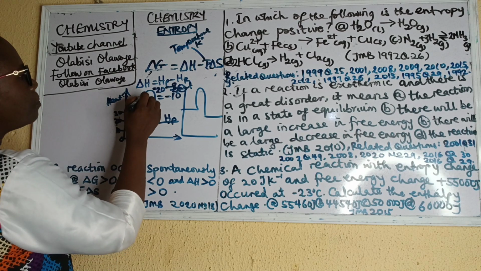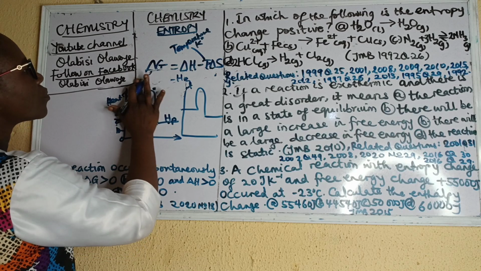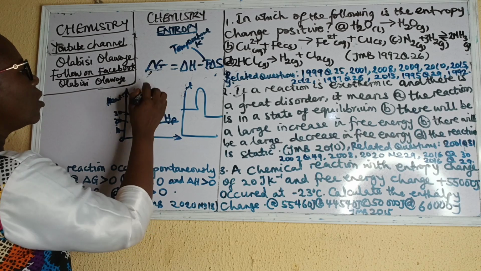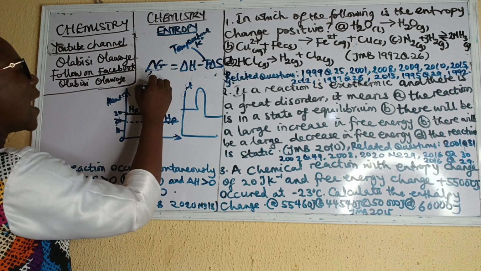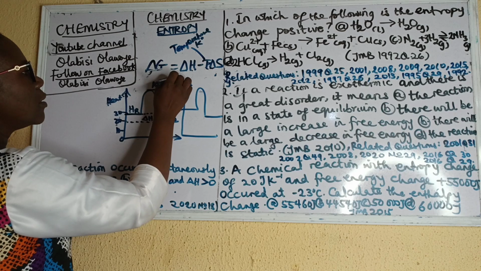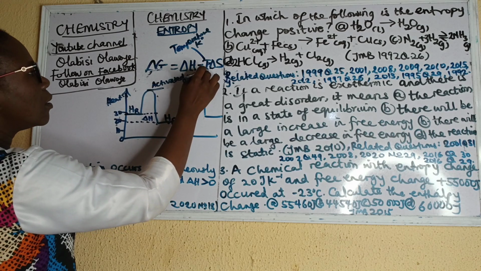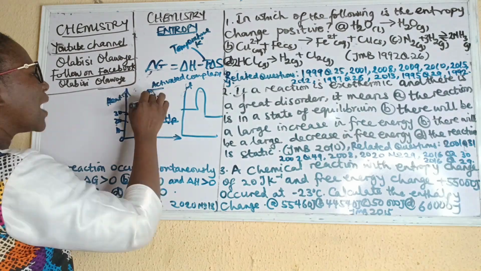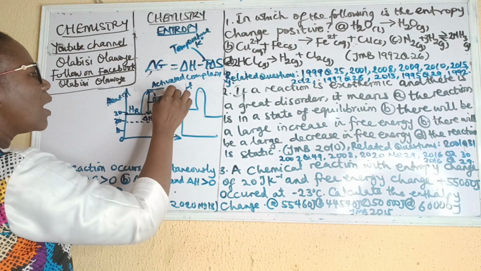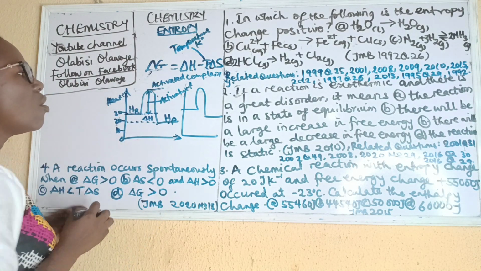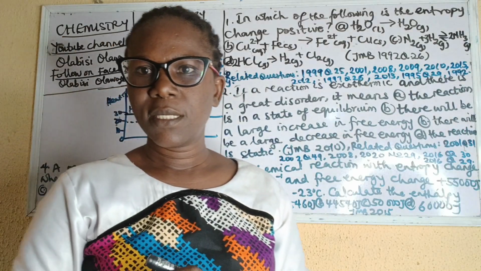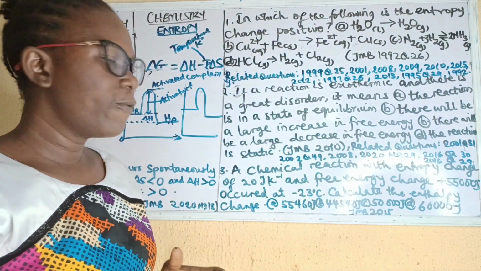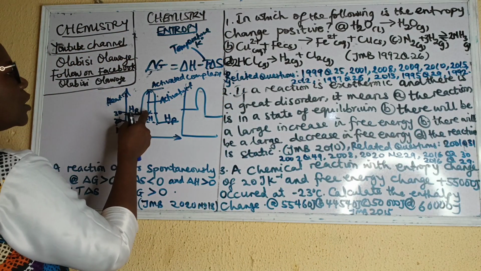So here as well, the top here is called the activated complex. While from here to this side, here is the activation energy. And activation energy is the minimum energy required by reactant particles to form product.